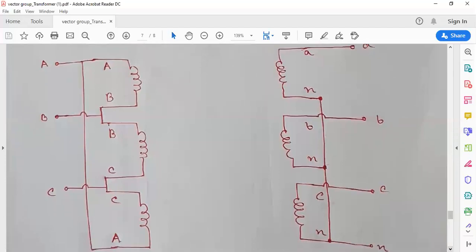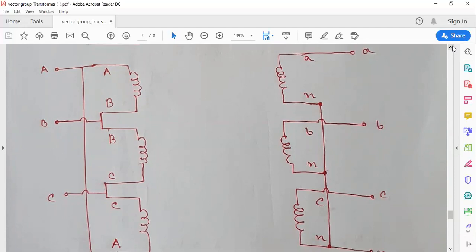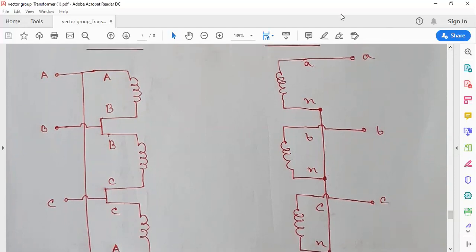The trick is at the delta connection. Okay, look at this. From A point to N point, there is a voltage, which is VAN. So this voltage is induced due to this winding. The voltage induced in this winding is due to this voltage.